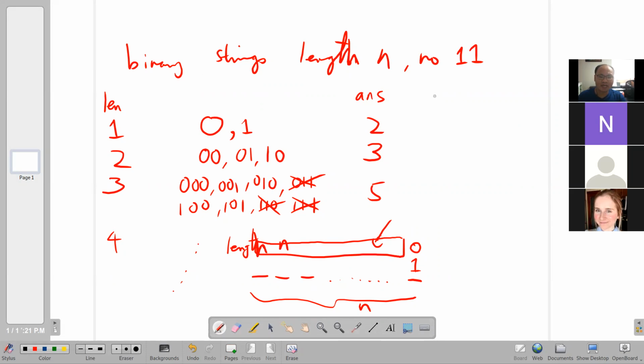So if the answer is f of n for length n, then the number of strings that end with 0 and satisfy the required property is f of n minus 1. Because for any string of length n minus 1 that doesn't have 2 consecutive ones, you can always stick a 0 on the end and get another string that works of length n.